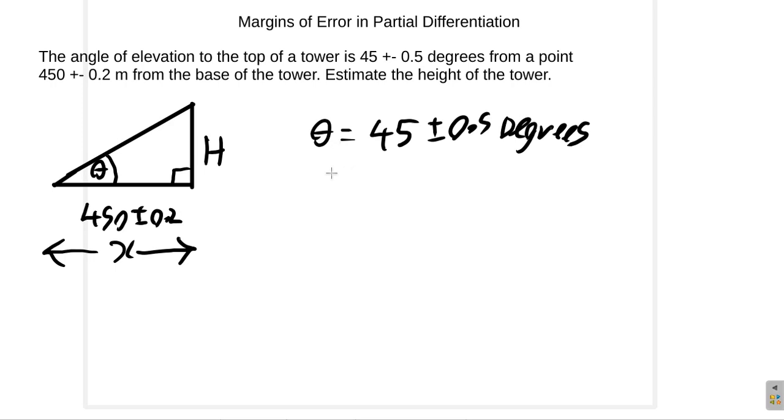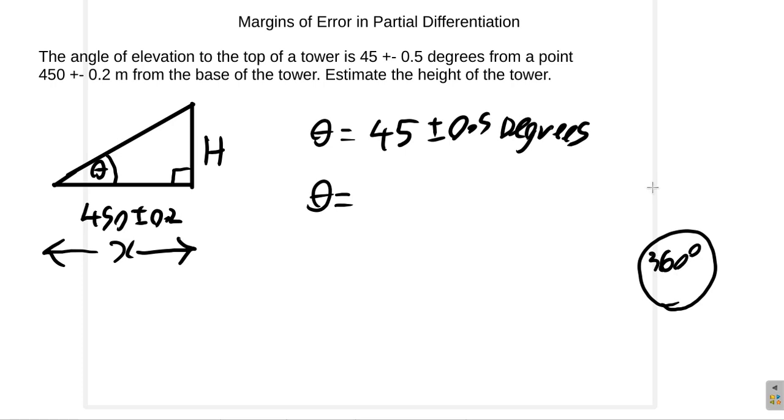Now, theta is 45 plus or minus 0.5 degrees. We need it in radians. Remember how you do the conversion: an entire revolution contains 360 degrees.